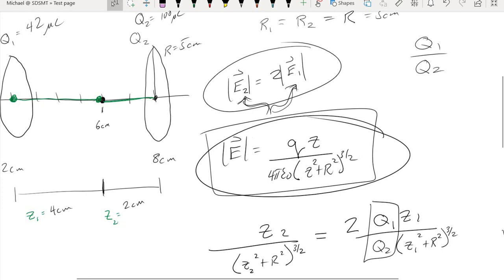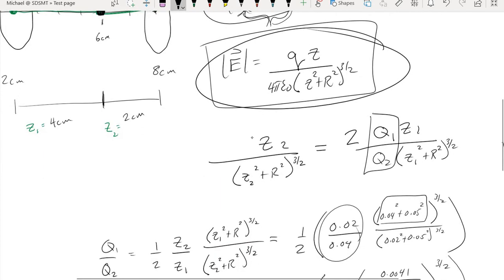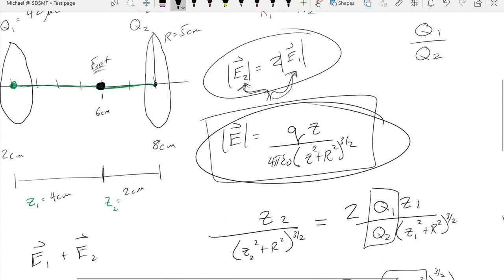Now, that is not to say that we have solved for the net field at that point. That is a completely different problem. If I want to know what the net field is at that point, then we would need to find numerically what are the values of field 1 and field 2 at that 6 centimeter point.